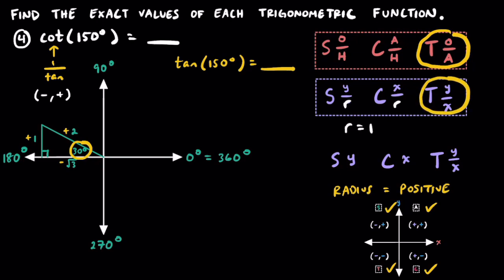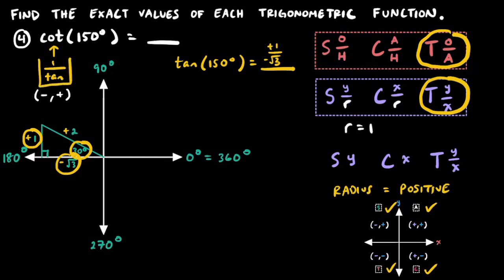Either one is okay. And if we take the y value, that's going to be this positive 1, and the x value is going to be this negative square root of 3. So if we're taking tangent, that would be positive 1 over the negative square root of 3. So that's tangent, right?